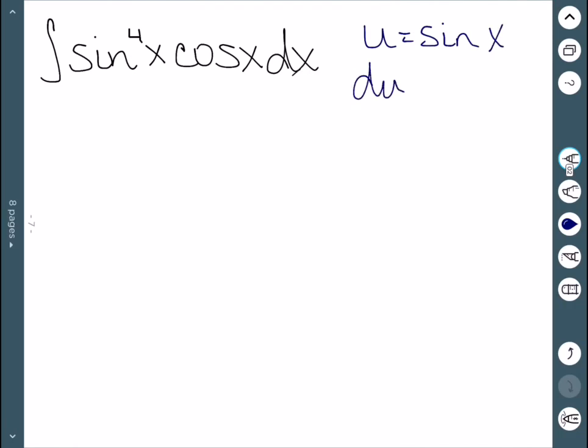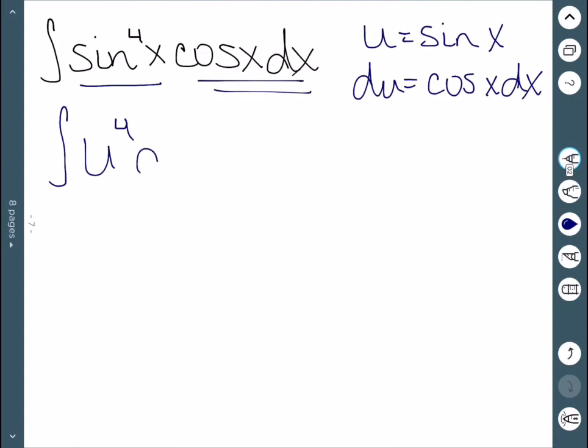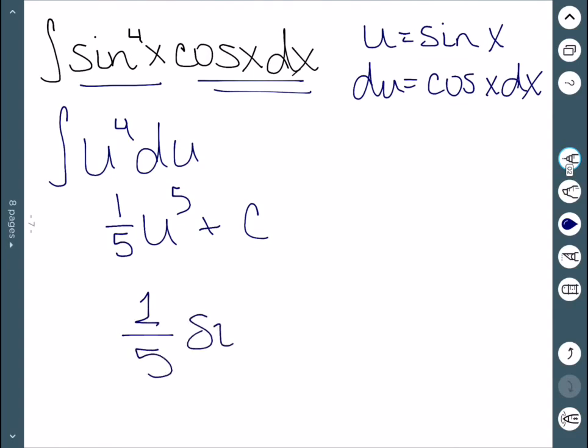This makes du equal to cosine dx. So the sine to the fourth x becomes u to the fourth, and the cosine will become du. This is 1/5 u to the fifth plus c, which is then 1/5 sine to the fifth of x plus c.